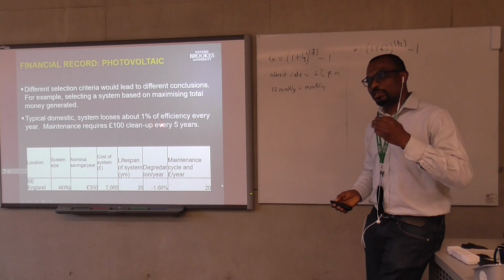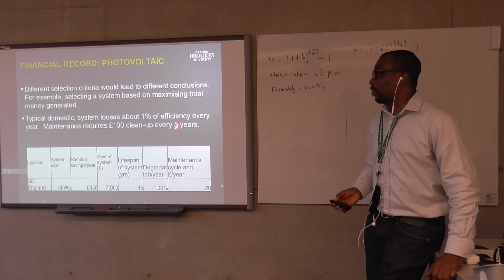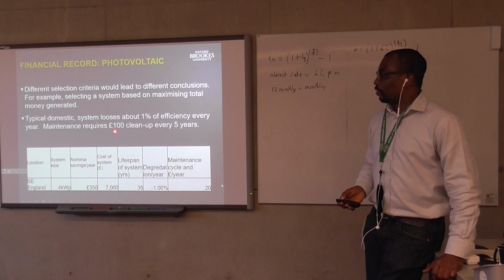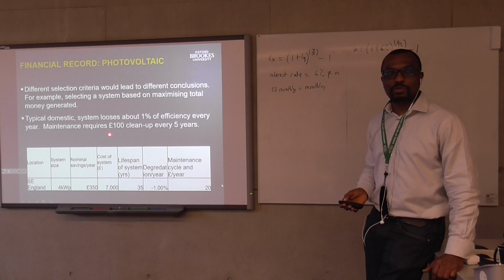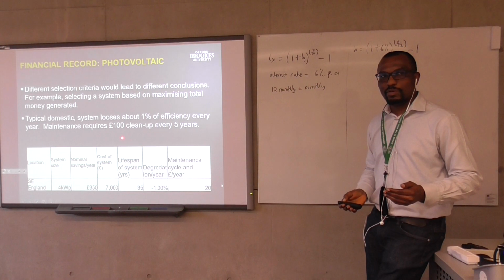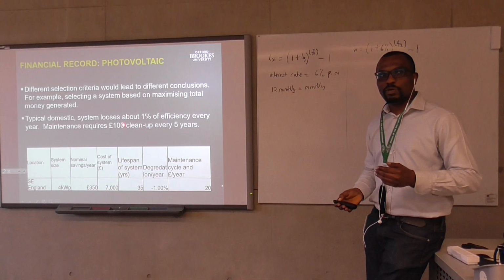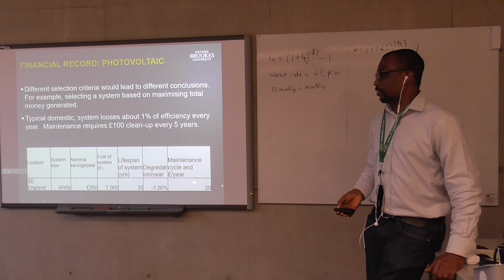The next year it loses 1% of its efficiency, so it may cost a bit more. And the maintenance requires that every 5 years we spend £100 to maintain the cell, which means on a yearly basis we're spending about £20.